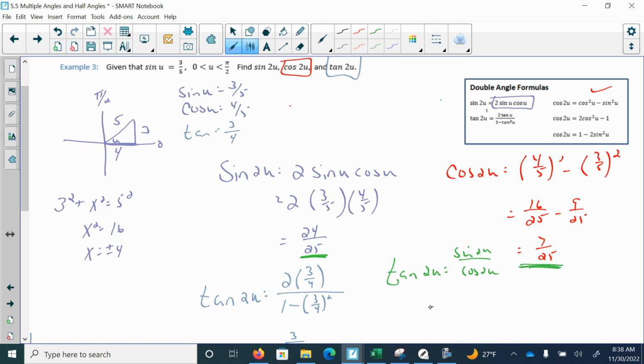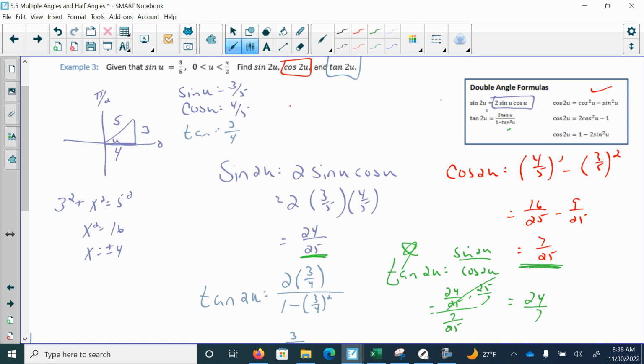So I'm going to take the sine, which was 24 25ths, divided by the cosine, which is 7 25ths, and I would still end up with 24 sevenths. I think this is a much better way of doing it than using that formula, especially if you have to go ahead and find the sine and cosine anyhow.